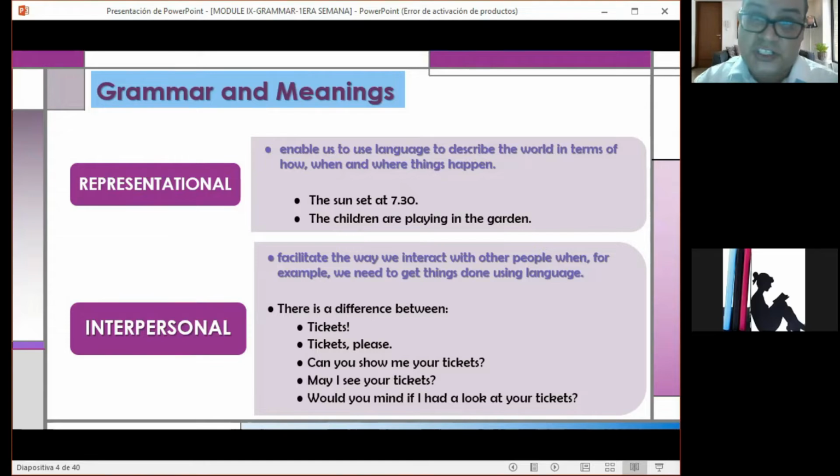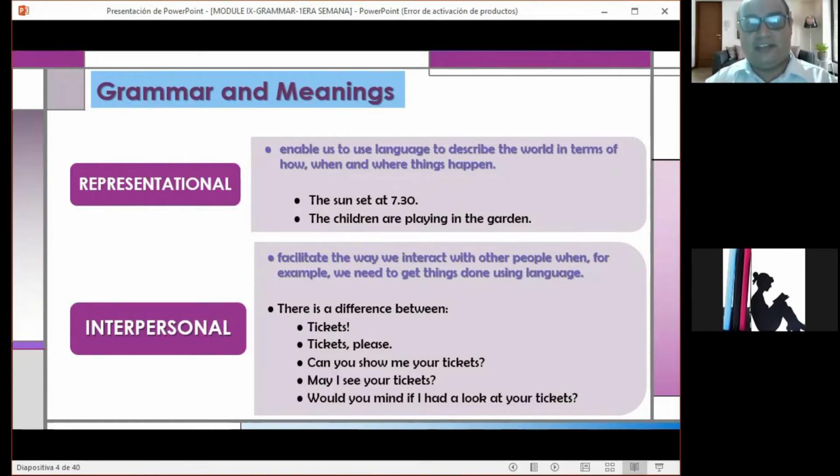And in order to interact with people, you use some structures, right? If you want to give more formality or more politeness to your expressions or to your language, you use "May I see your tickets?" "Would you mind if I had a look at your tickets?" Notice that you're using these structures to change the way you interact with other people.